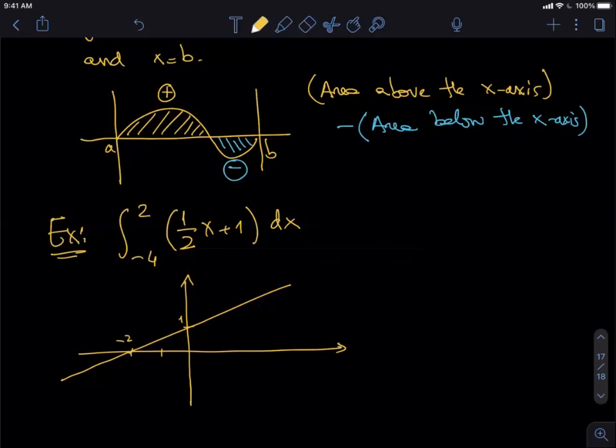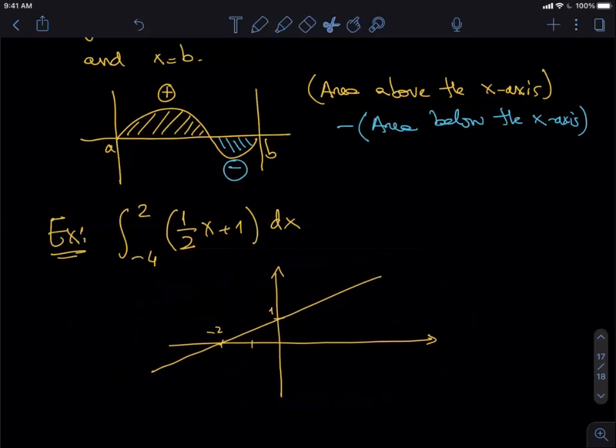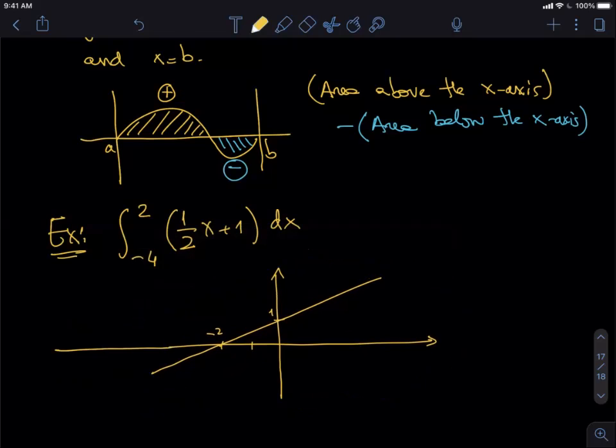And we want to go from -4, which will be somewhere here. This would be -4. We want to go all the way to 2, which will be here.